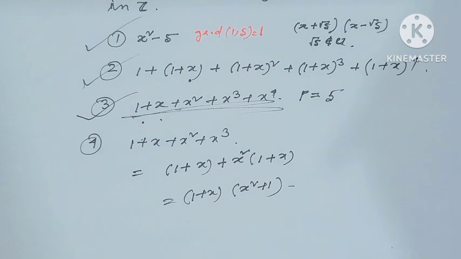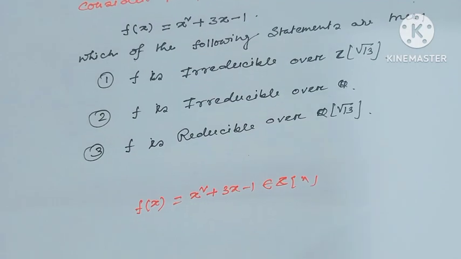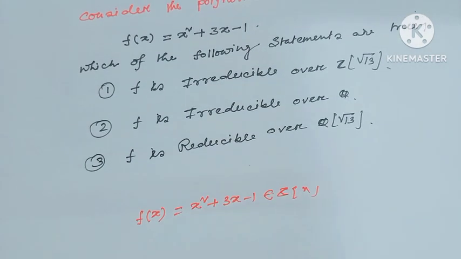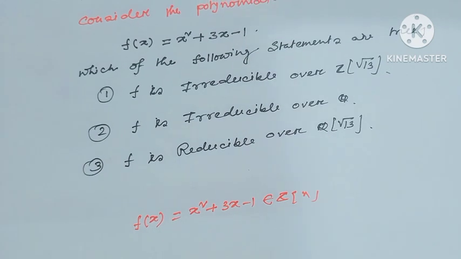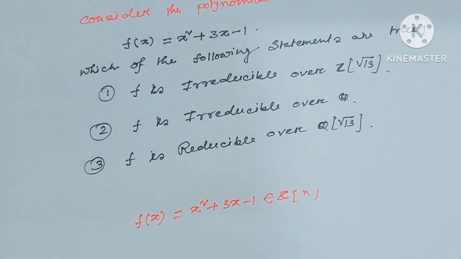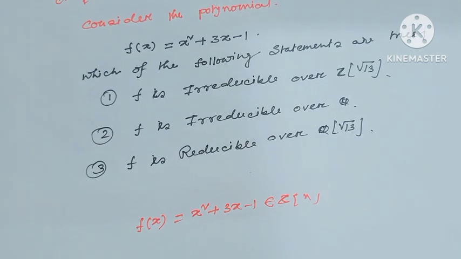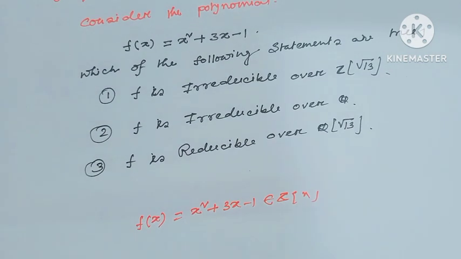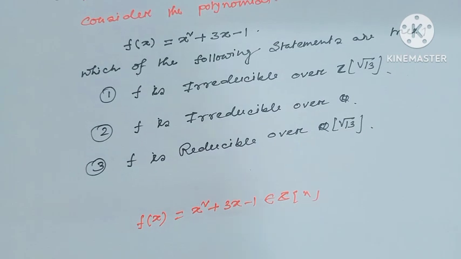My next question: here f(x) equal to x square plus 3x minus 1, and this polynomial is always irreducible over Q because here I will apply the mod p test.